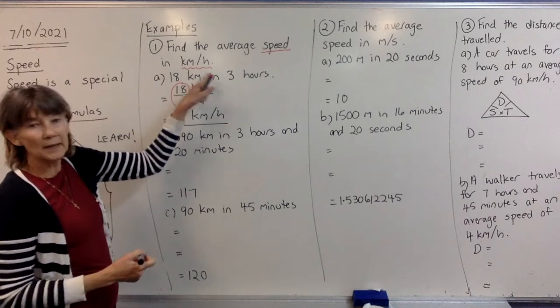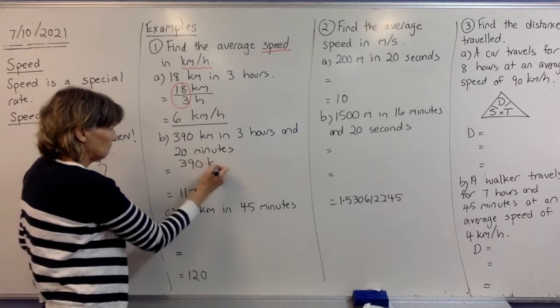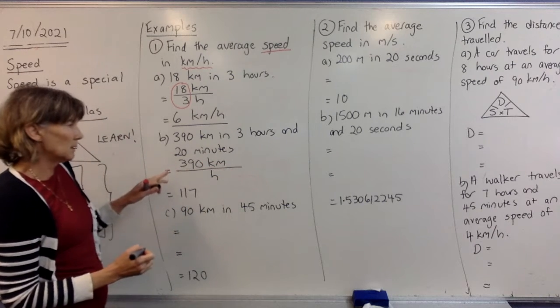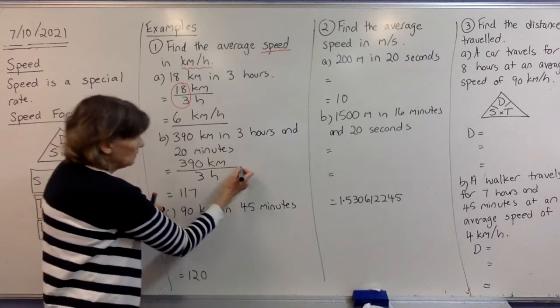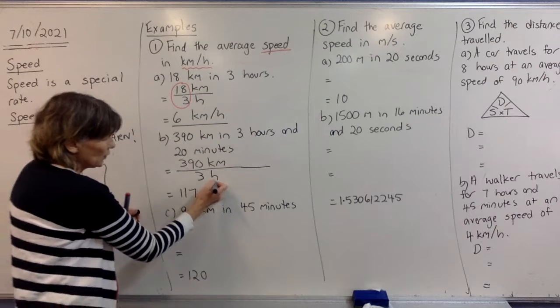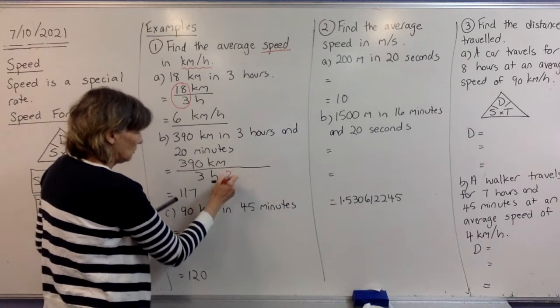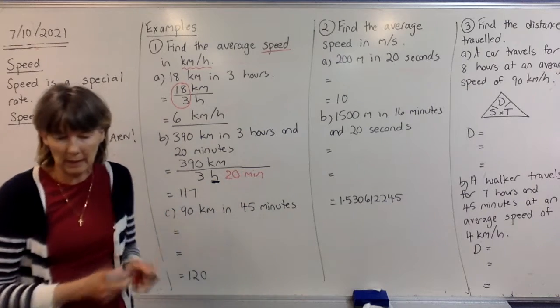So we still need to get kilometres per hour. So we want our kilometres on the top, and we want our hours on the bottom. Now, in this question we have 3 hours, so our first unit is hours, then we have 20 minutes as well. Now, I'm going to show you how to put this on the calculator.